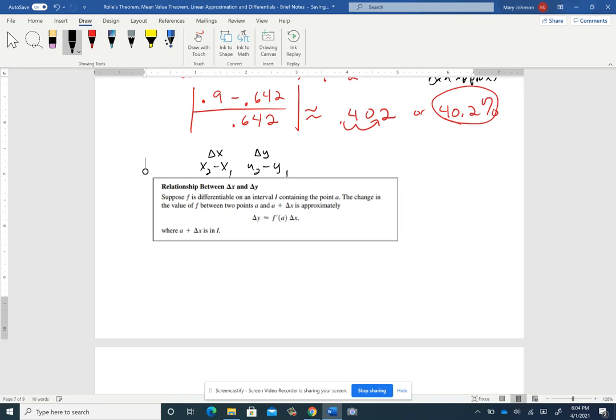So if you have a differentiable function on some interval that contains the point you're looking at, the change in the value of the function between these 2 points can be estimated by using this formula. It's pretty much a restatement of that earlier formula. Remember the earlier formula that looked like this?